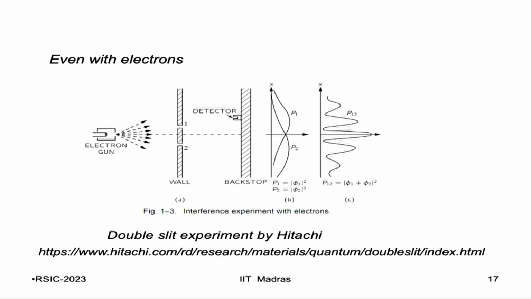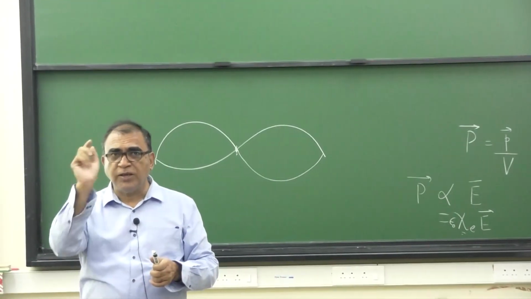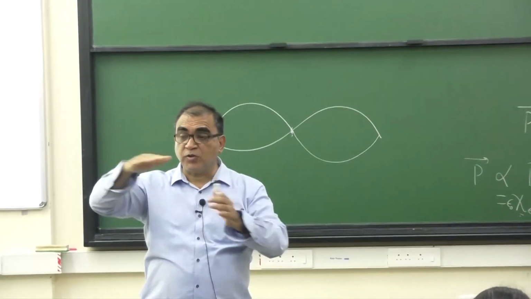That's a well-known experiment, also given in Feynman's book. You can Google the Hitachi experiment, Hitachi being a company which makes a lot of these materials, and you will get a video. When only two electrons go, they land at only two places. When many electrons go, they start making interference.